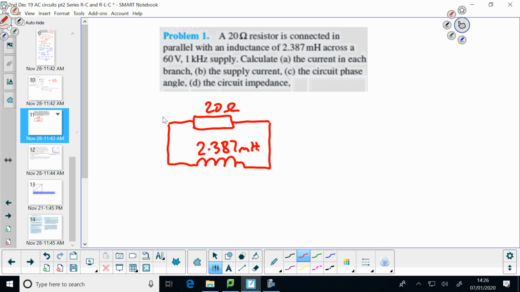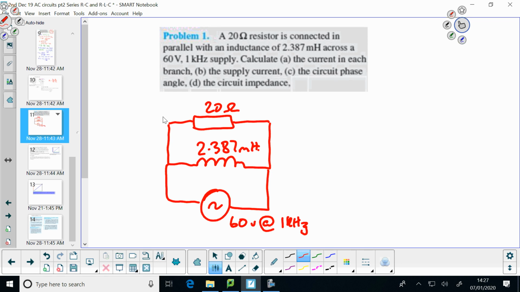That's across an AC supply that is 60 volts at 1 kilohertz. So that's the circuit we're looking at.